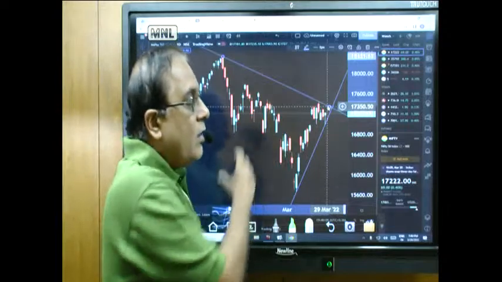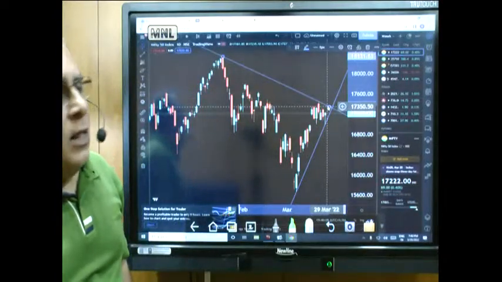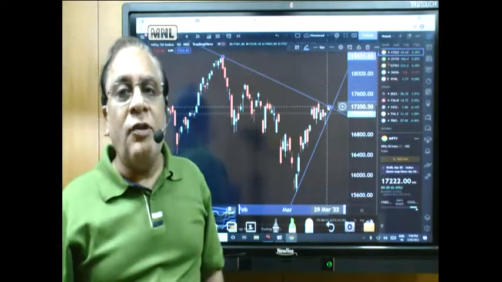And the intraday sell signal now we have placed at 17,350. And the intraday buy support right now we have placed at 17,090.